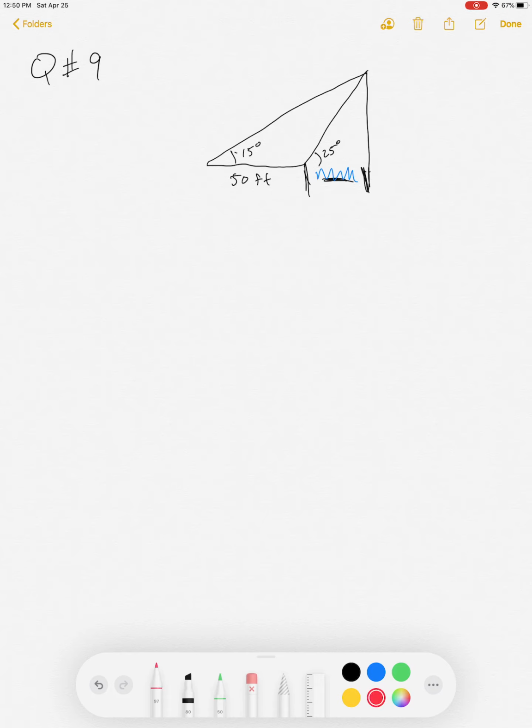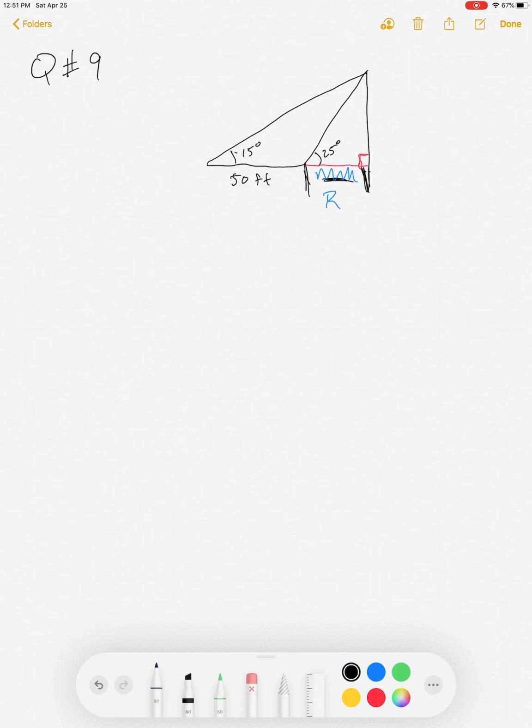Well, there's a couple of things that we have to sort of think about. If I draw in the bottom part of this triangle and say that this is a right triangle, and then I'm going to make this length of the river that I don't know capital R for river. Okay?